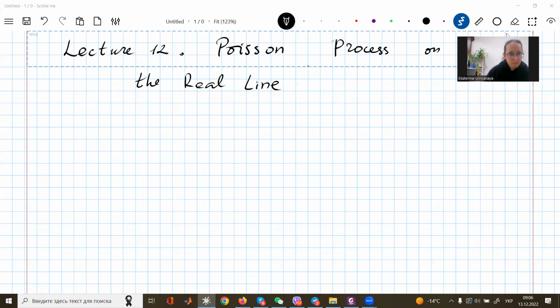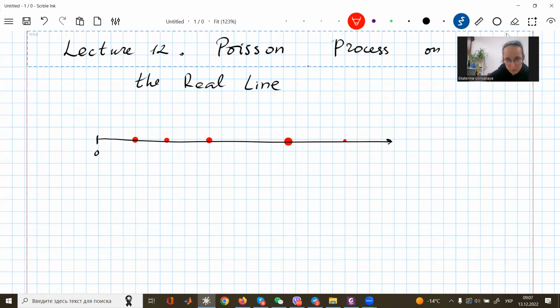So we will start by considering a Poisson point process on a half line, so on R plus from 0 to infinity, and here we can represent a Poisson process as a set of random points.